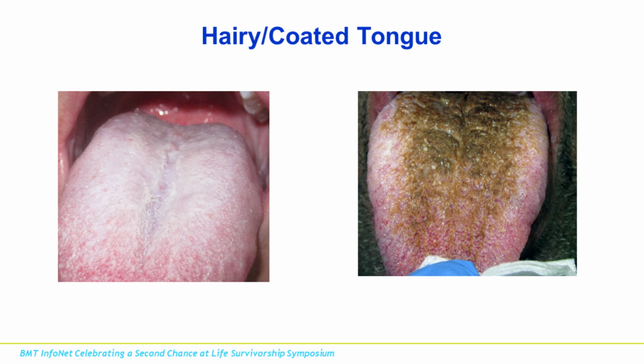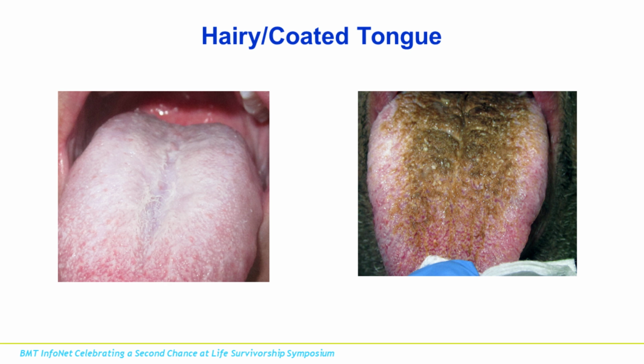So here is another common mistake a lot of patients make. Here you are seeing two areas: the top of the tongue looks white, and the other looks brownish white. We call these hairy or coated tongue. It occurs in both non-GVHD patients as well as GVHD patients, but we see it frequently in GVHD patients.